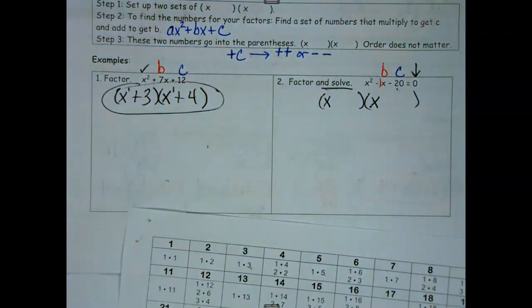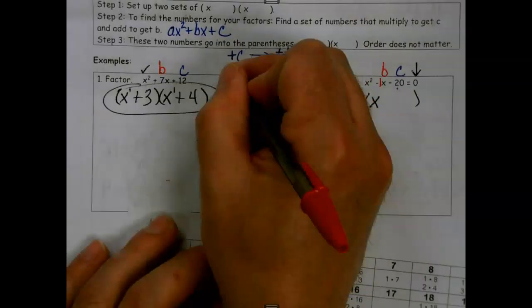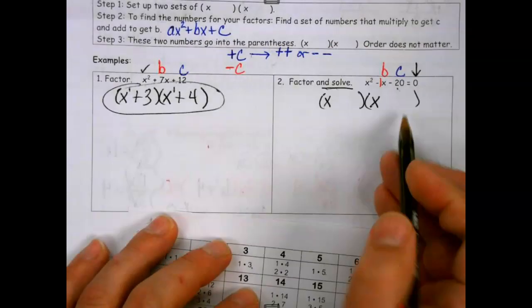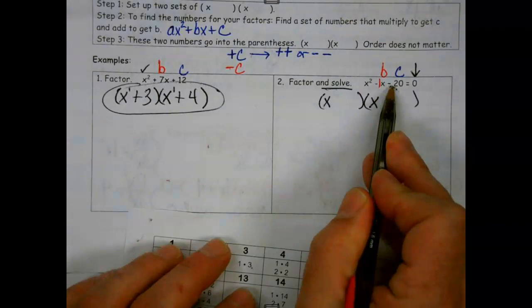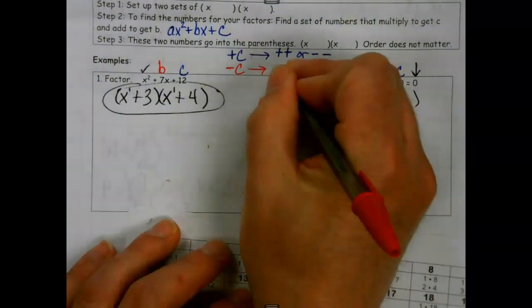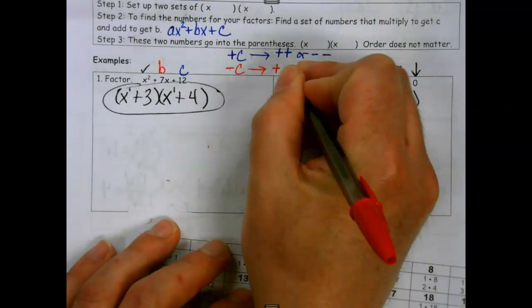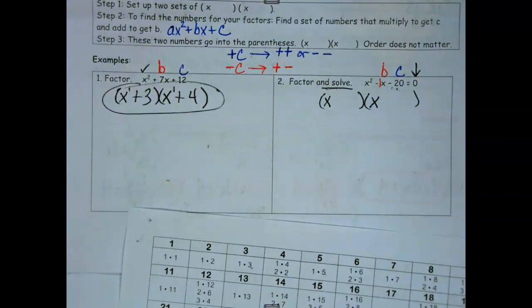I'll explain how we determine that in a minute. If it's a negative C value, one of your numbers is going to be positive, and one of your numbers is going to be negative.